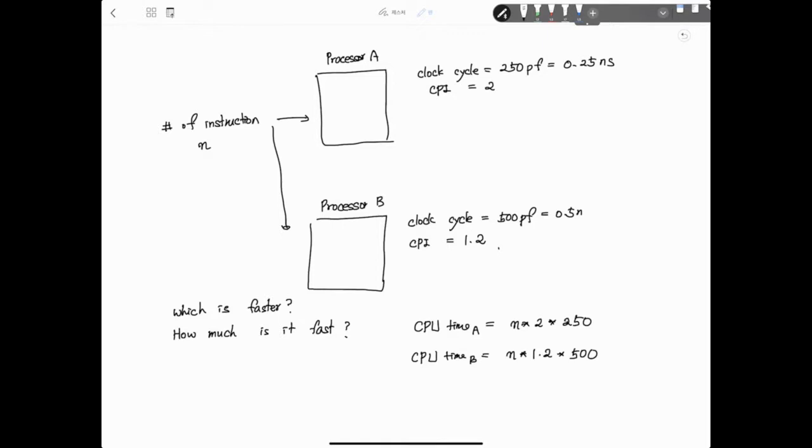So that means this is 500n, and this is 600n. So A's CPU time is shorter. So A is faster. How much faster? This much times faster.